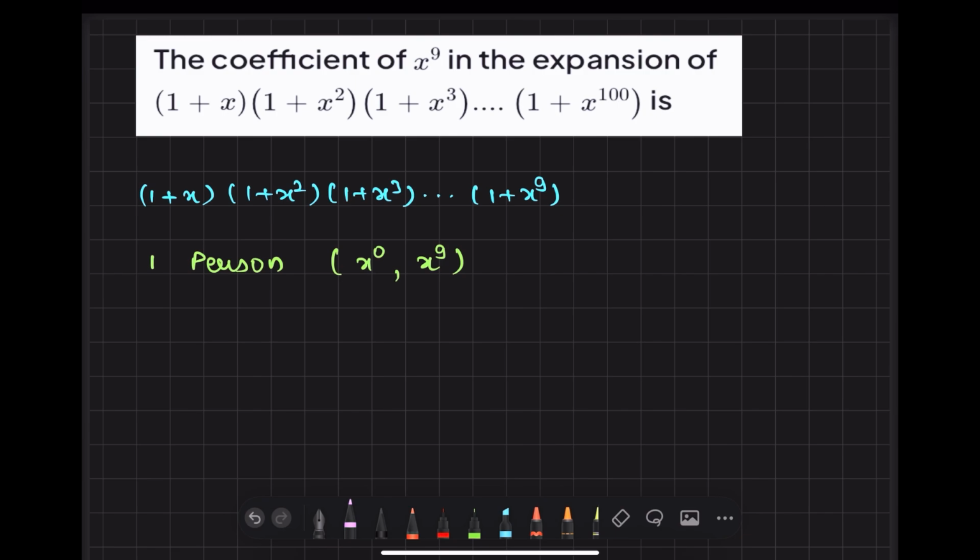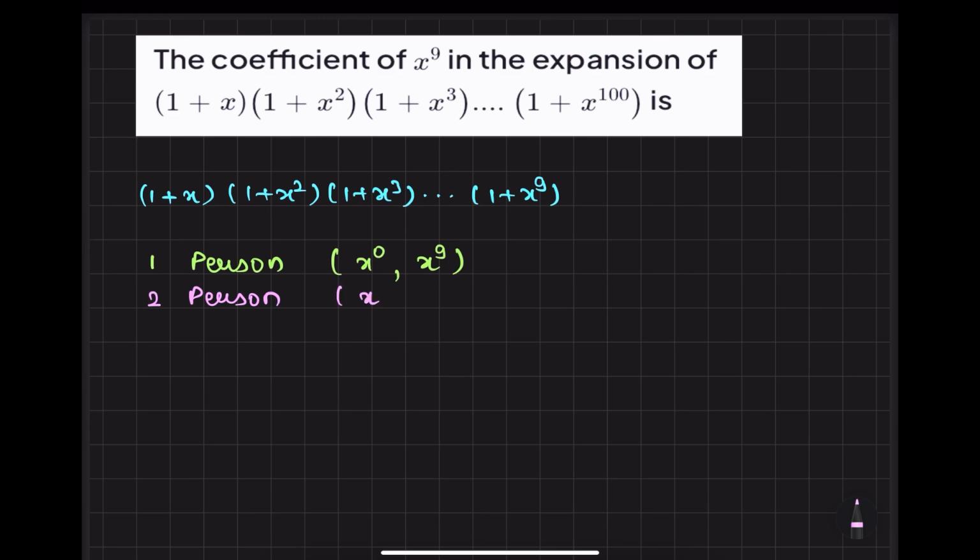Okay, now let's move on to two person game, and this time I'll make sure that only two persons will fight. Okay, and both will be non-zero power. Okay, so can we go with x power 1 and x power 8? Here you have to apply hit and trial.